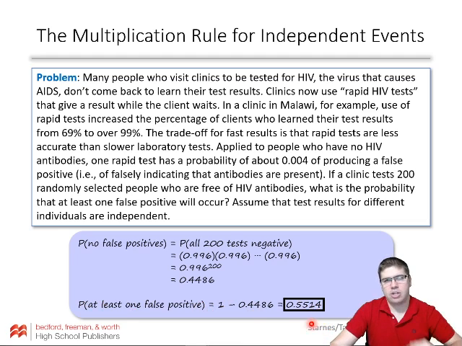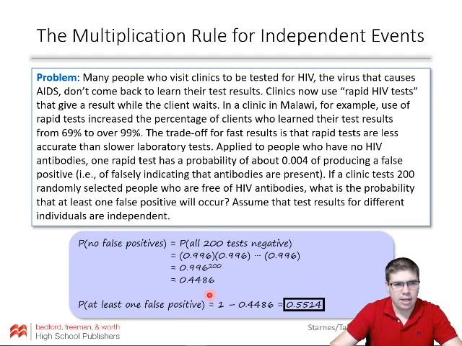There's a 55% chance you would get at least one. That's an important thing to realize when you're doing some of these problems: the best way to handle at least one is oftentimes to figure out the probability of none and then do 1 minus that, because at least one is the complement of none. So use some of those strategies, different probability rules, when you encounter these problems.